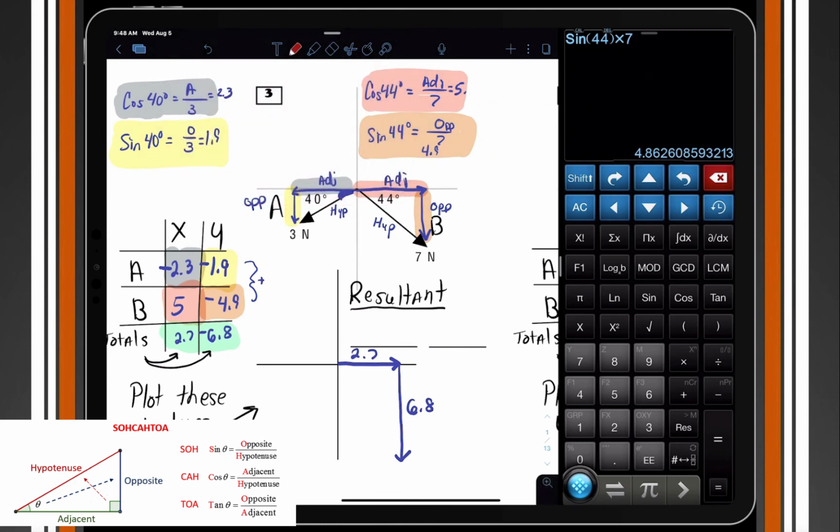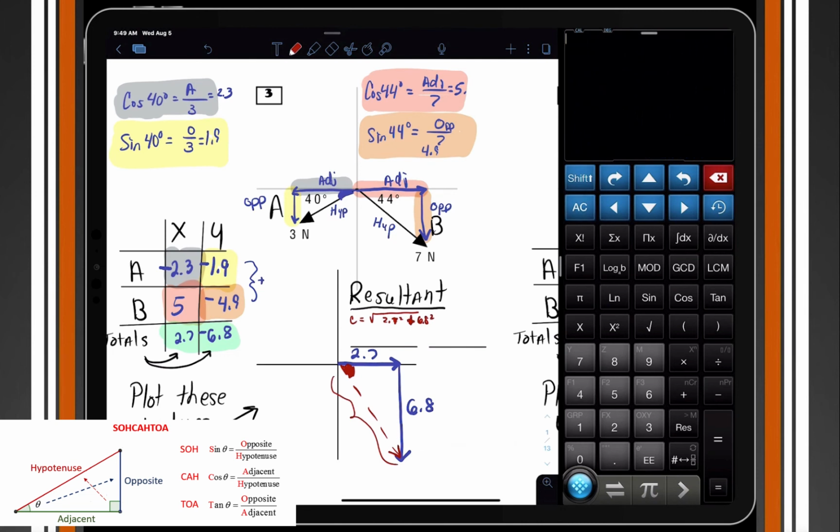Those components make up your resultant vector. We need to find your angle, and we need to figure out what your magnitude is. Magnitude is pretty simple, Pythagorean theorem. C equals the square root of 2.7 squared plus 6.8 squared.